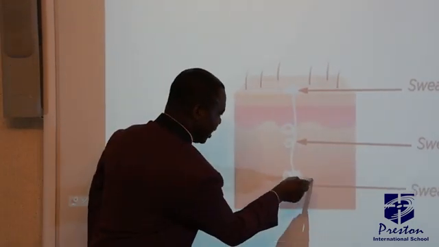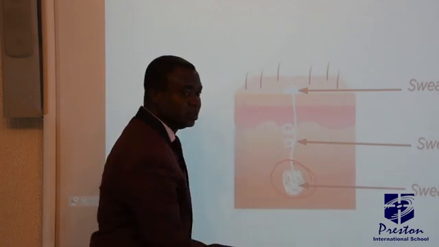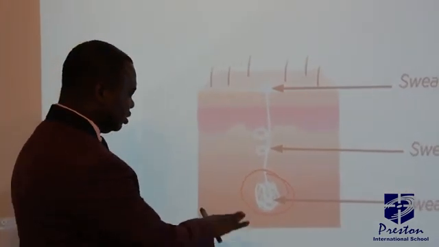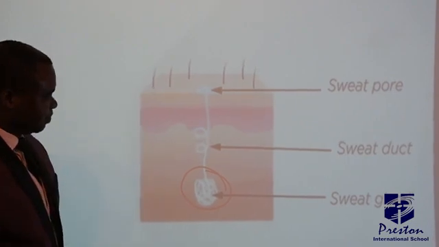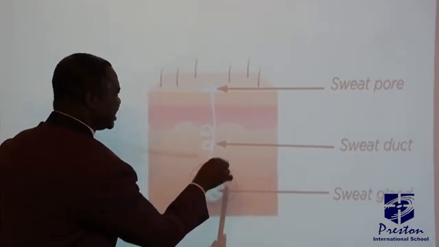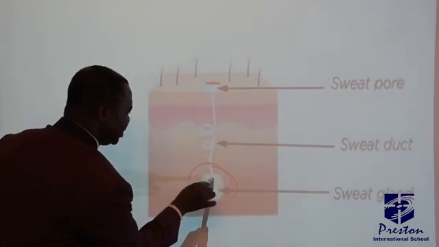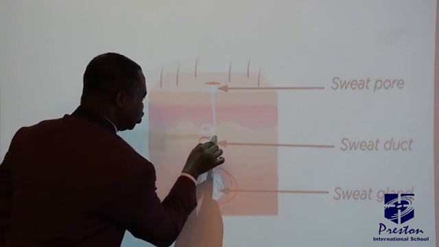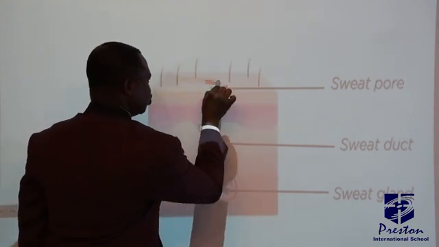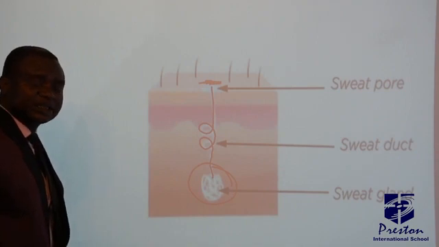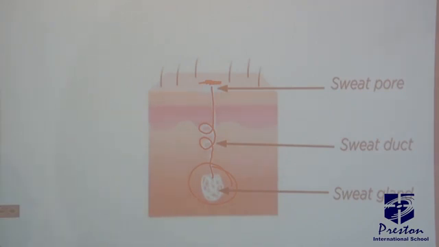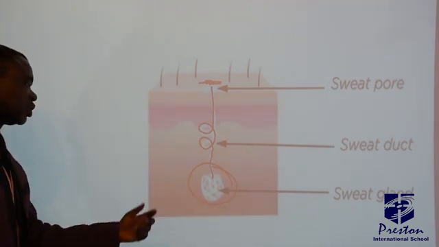We have our sweat gland in the lower layer of our skin. How will this sweat get to the surface of our skin? It is carried with the help of this duct, down to our skin surface. That type of gland is what we call exocrine gland.